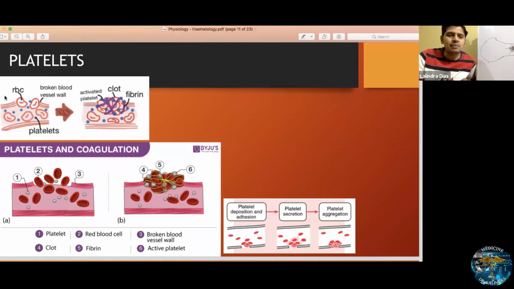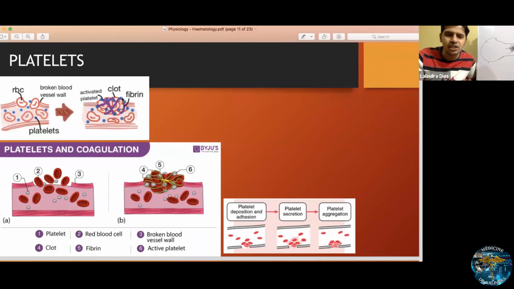So you can see here what's happening when a blood vessel is injured. Maybe a stab injury, maybe just a wound, like a very early or acute wound. When there's an injury, the vessel wall gets breached or broken down. Then your coagulation pathway, or the clotting cascade, gets activated, and that forms a fibrin clot.